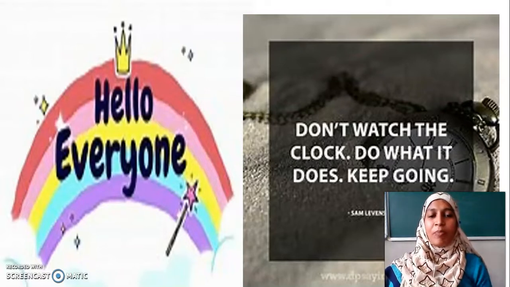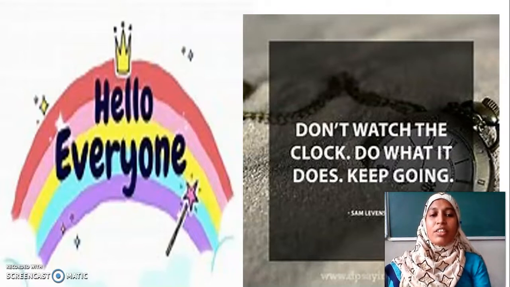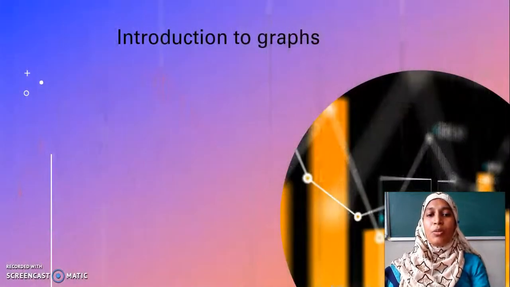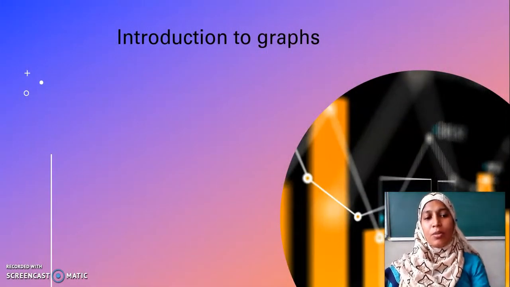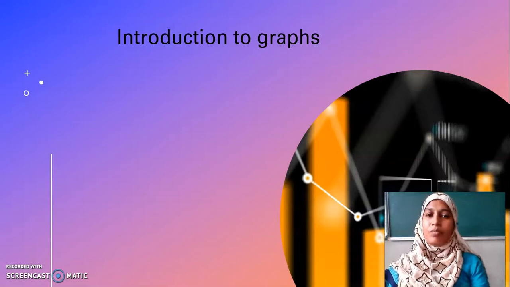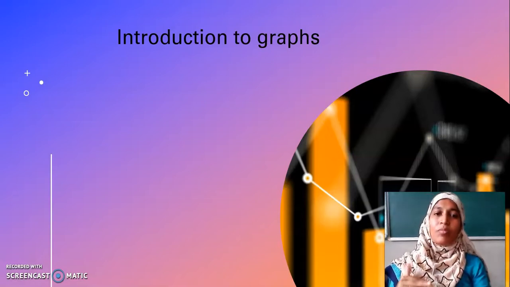Okay, my dear children? Let us have a small recap of all the things that we have learned in previous sessions. To begin with, we started with graphs. Graphs are used to represent the collected data. Am I right, children? Yes.